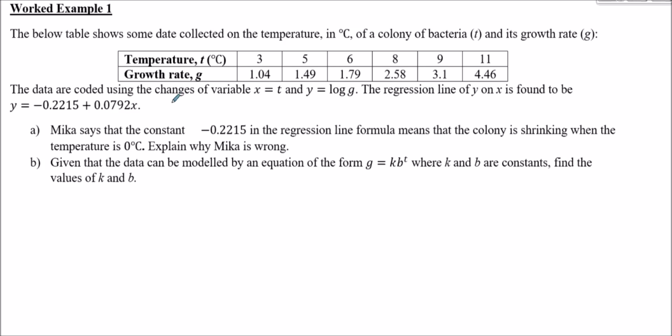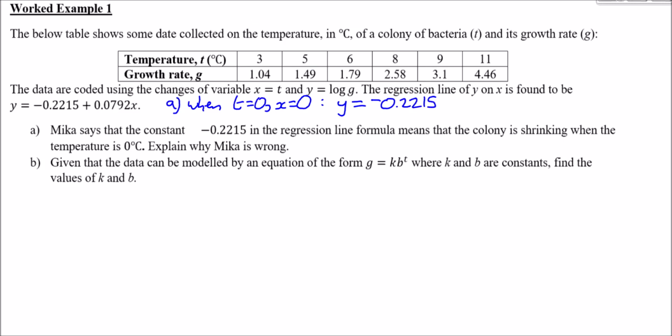So for part A, when the temperature is 0, and temperature is T, and T is 0, because x is T, then we can say that x is 0. So if we sub in x is 0 into this, what we'd get is y equals minus 0.2215.